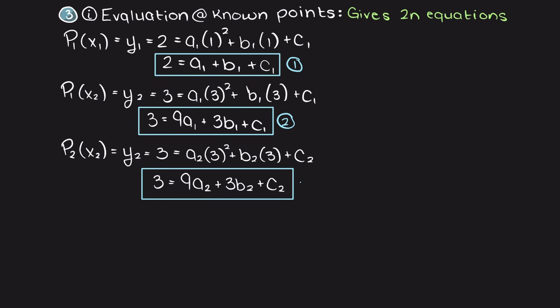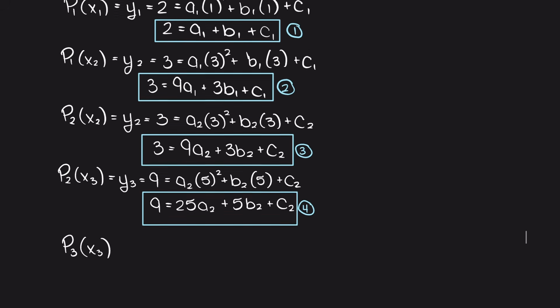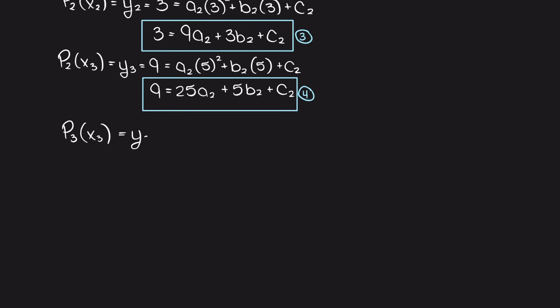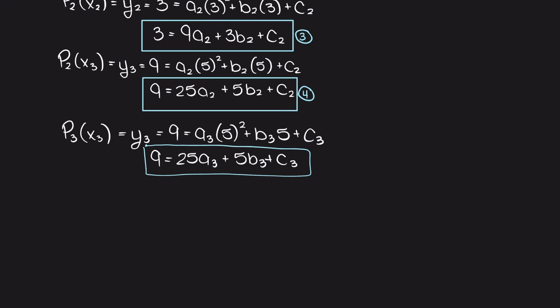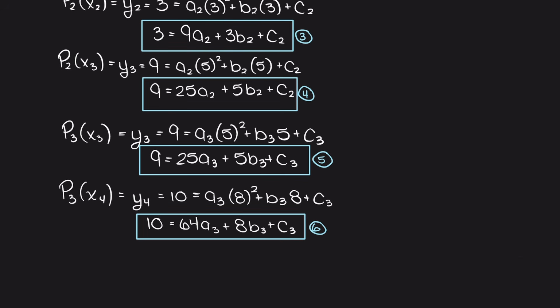P2 will be evaluated at x2 and x3, and lastly, P3 will be evaluated at x3 and x4. As you can see, this results in our 6 equations, which I will highlight here in number.